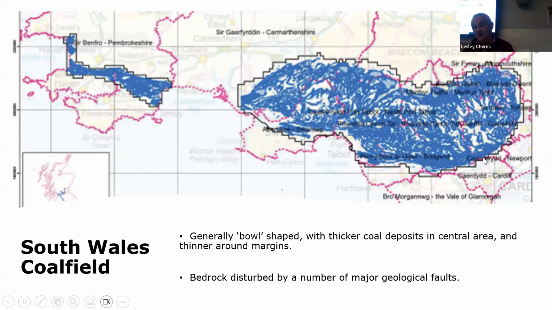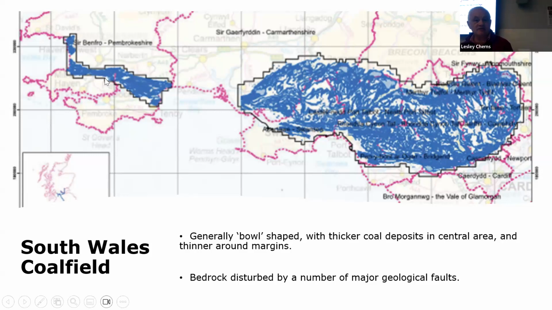Along the southern margins, the Briton Ferry area, Bridgend and Swansea, and along the eastern margins around Pontypool and Cwmbran, and Kidwelly in the west. The deposits are thinner there, and the coal measures are not very thick at all. But in the central area you've got quite a substantial thickness of what I know as the coal measures, with the coal seams in them.